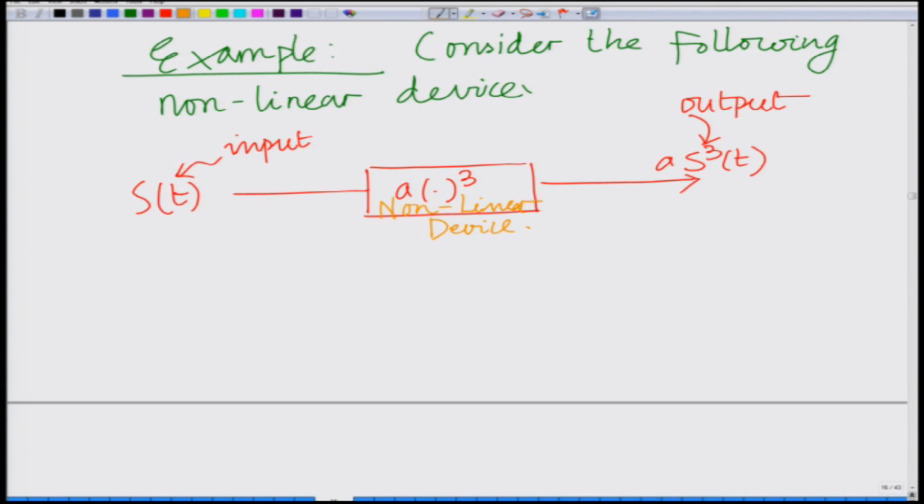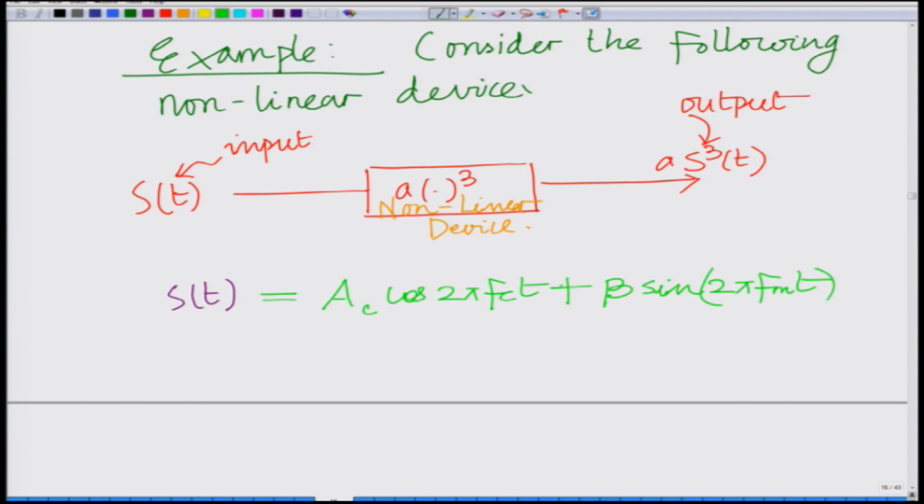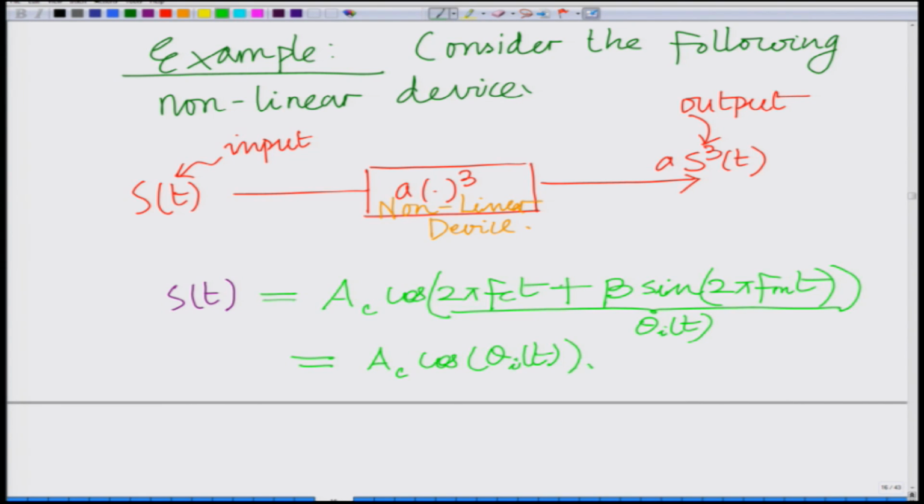Okay. So, let us say the input signal to this is your narrowband FM signal, that is s(t) equals Ac cosine of 2 pi fc t plus beta sine 2 pi fm t. Let us denote the argument by theta i(t), so I can say this is Ac cosine theta i(t).